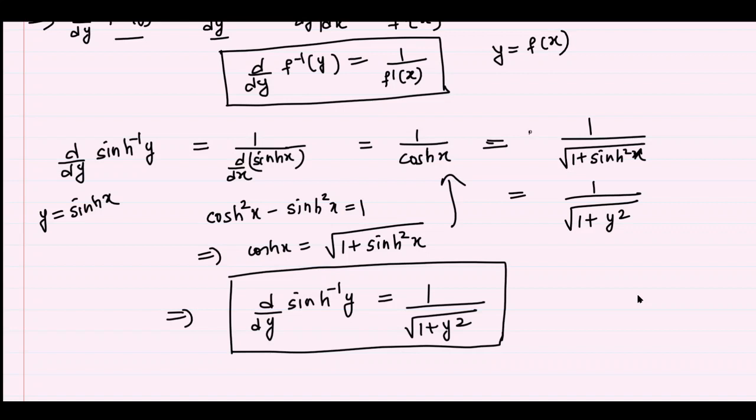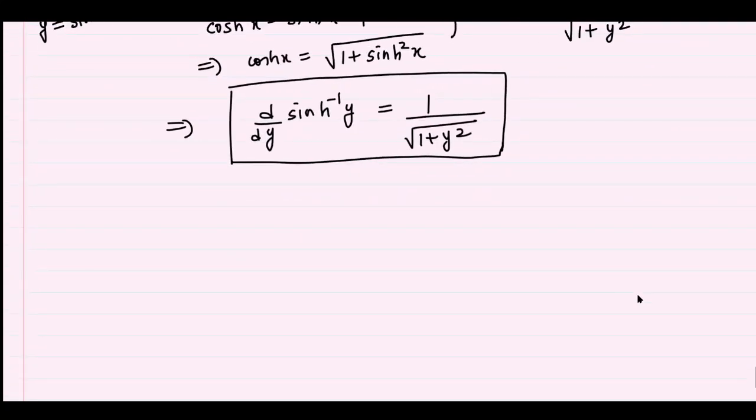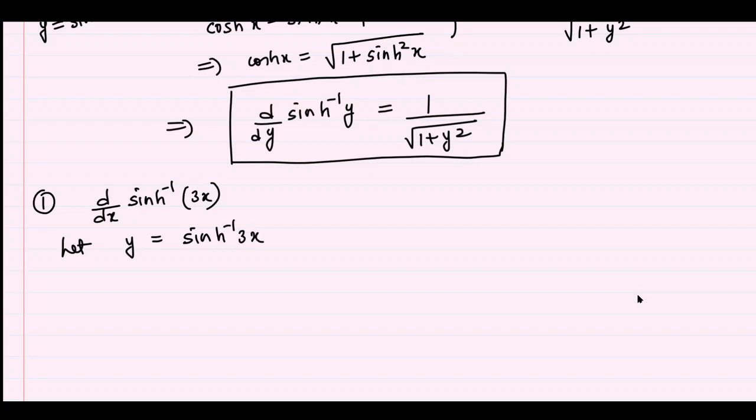In this way we can also find the derivative of the remaining inverse hyperbolic functions. Before that we will do some problems using this result. The first problem: find d by dx of sinh inverse of 3x. Let y equal to sinh inverse of 3x. We have to find dy by dx.